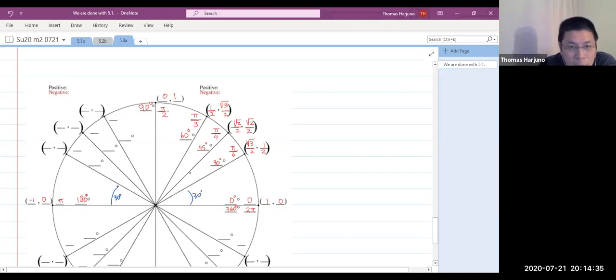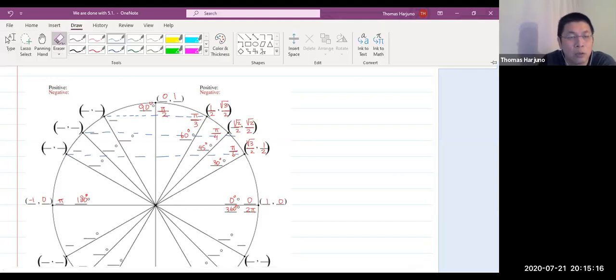This is 45 degrees here, and the 60 degrees here has something to do with this. And you can see from the picture that the coordinates on the left-hand side with those angles are basically the reflection of the coordinates with respect to the y-axis.